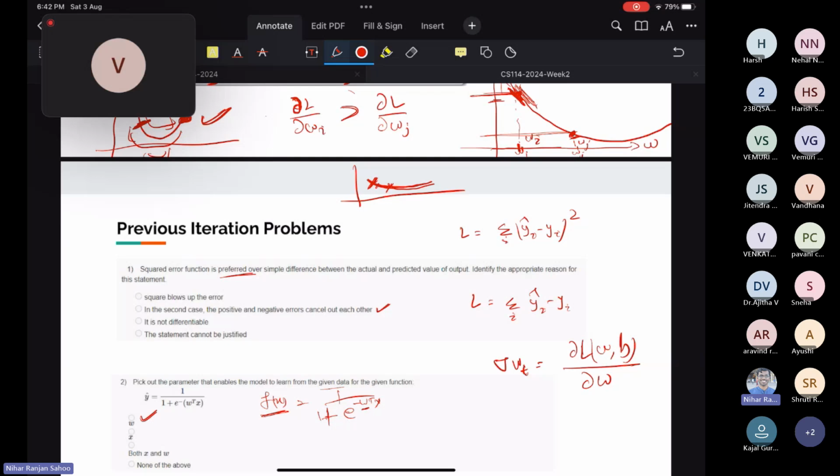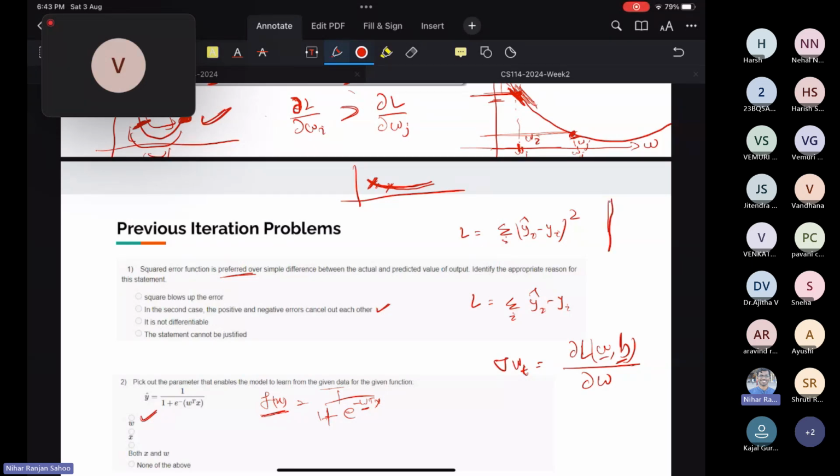Here L is a function. When we say something is a function, it has some input parameters. Here it is a function of W and B. So the value of L can change with some change in the value of W or B. If either of them changes, L can also change. Can change, not will change.